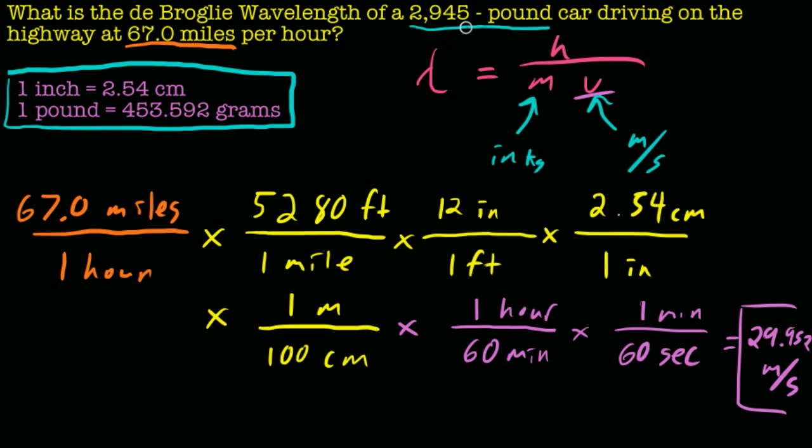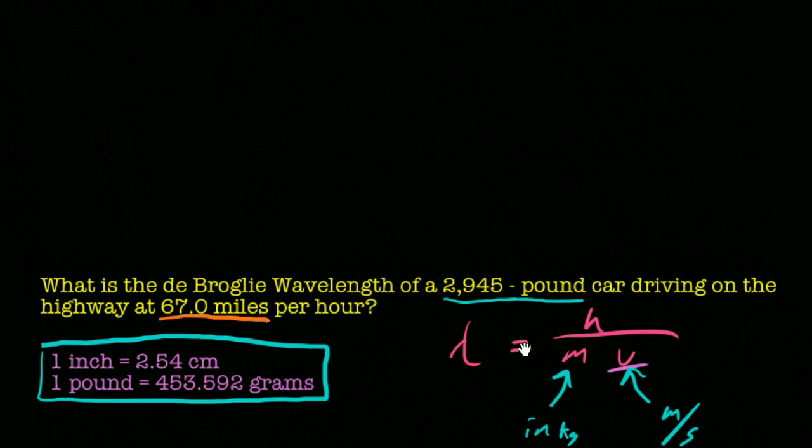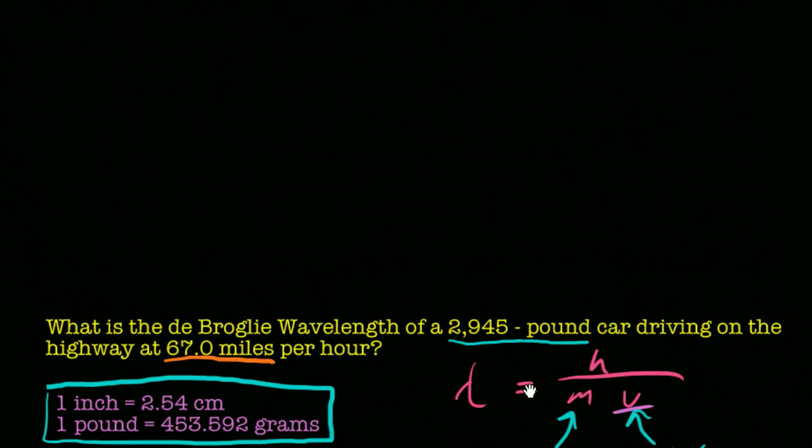Now let's work on our mass. So we have this mass that's in pounds that we have to get into kilograms so we can stick it into our equation. So actually I'm going to move up here so we can see everything. So we start out with 2,945 pounds.